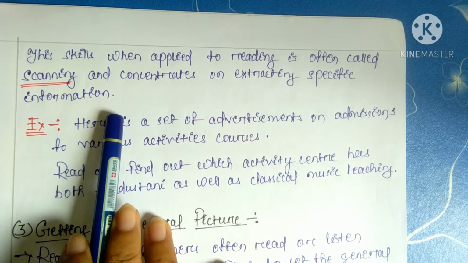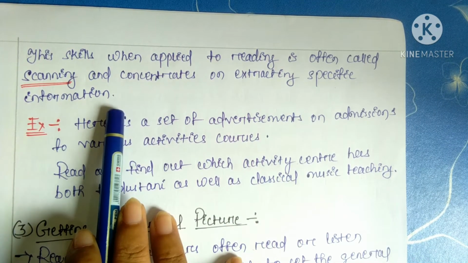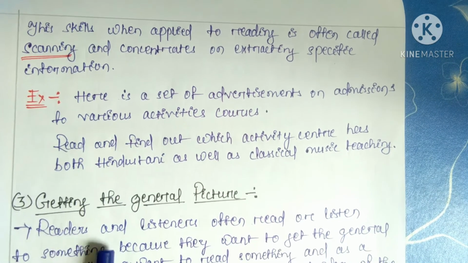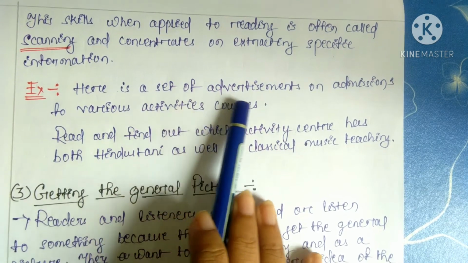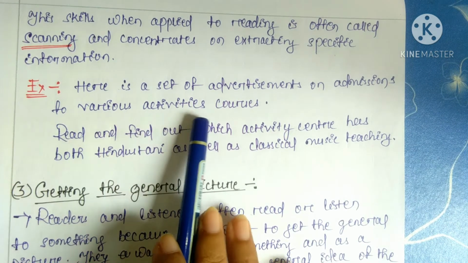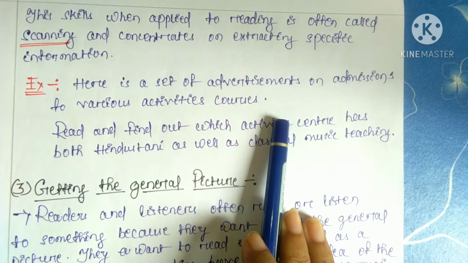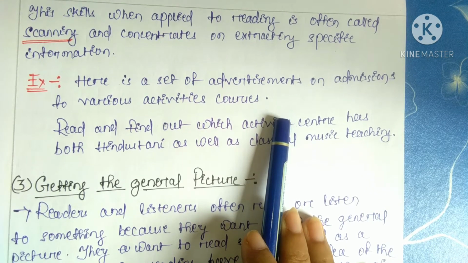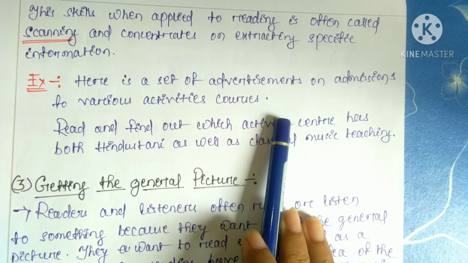So here a learner extracts some specific information from the passage. An example is given. Here is a set of advertisements on admissions to various activity courses. There are various schools, and they advertise different courses on activities such as painting, dancing, dramatic activities, and anchoring.